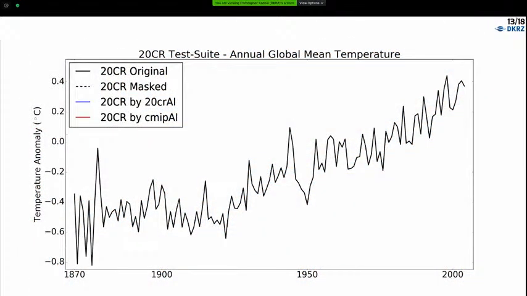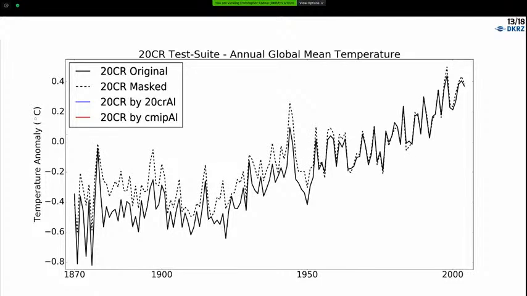So what you see here is now the 20CR original one in black. That's the global mean, the annual mean of the 56 20CR members, which was not part of the training. If we mask that data set with the original HadCRUT4 mask data set, we get the dashed line here.